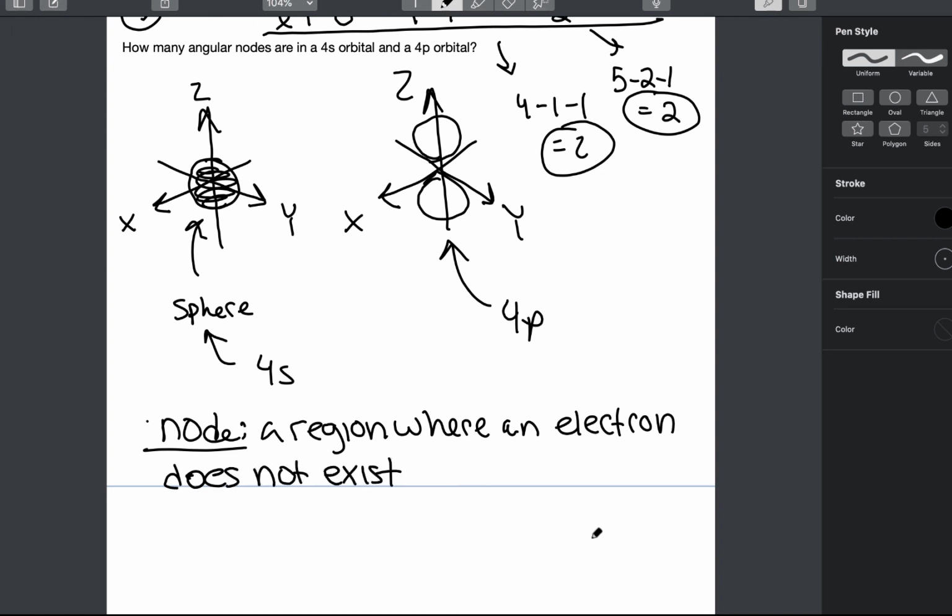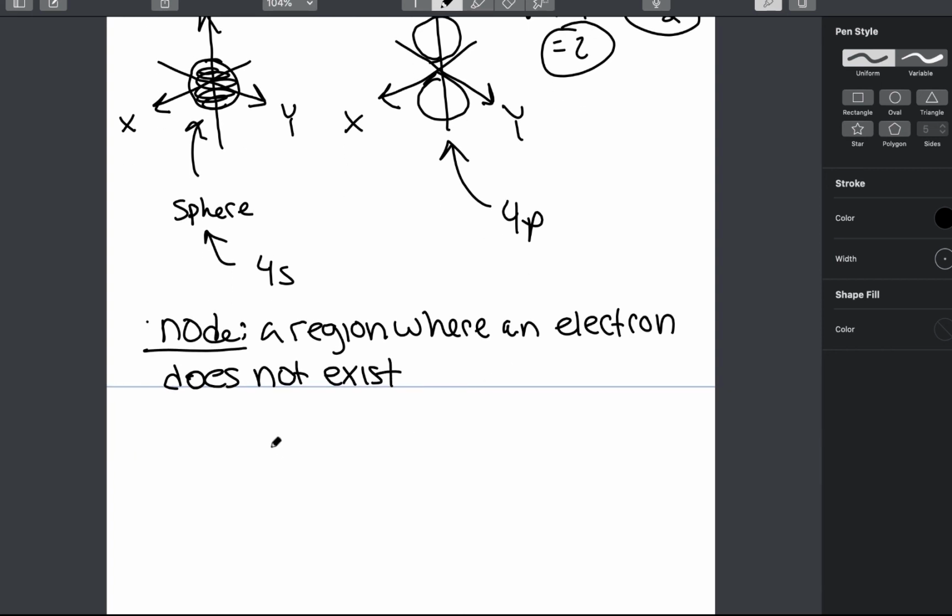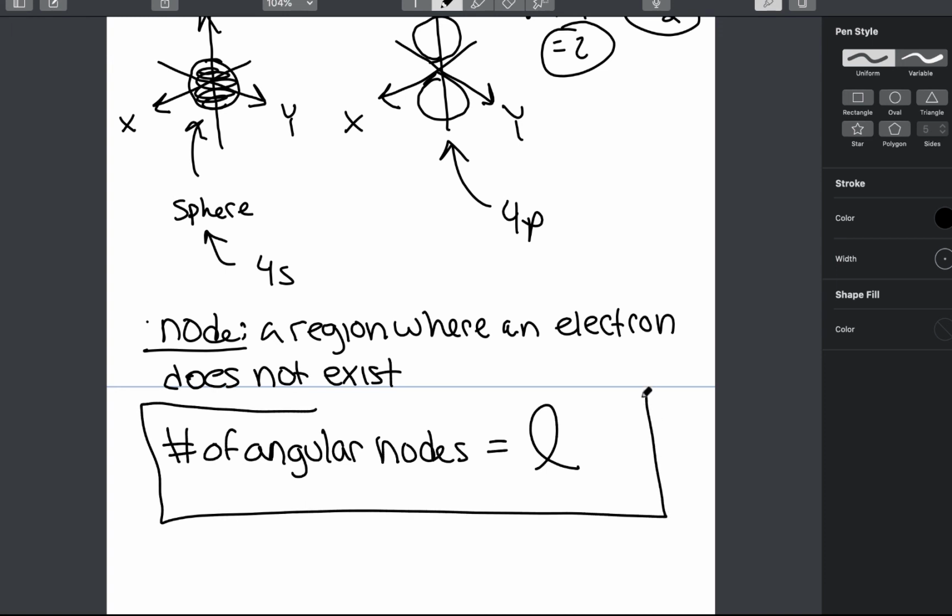So it's an area where the probability is equal to 0. So in order to find the number of angular nodes, all you have to do is use this equation. So the number of angular nodes is equal to L. So L being the angular quantum number.